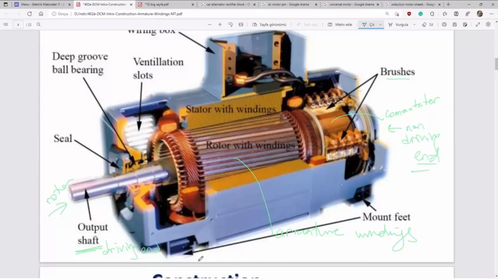Sürücü olmayan uç. Genellikle burada fan bağlı oluyor. This is driving end. The opposite of the driving end is non-driving end, or fan will be connected here. And then here is the seal. Sometimes it is sealed, not necessary. Here are bearings, ball bearings.